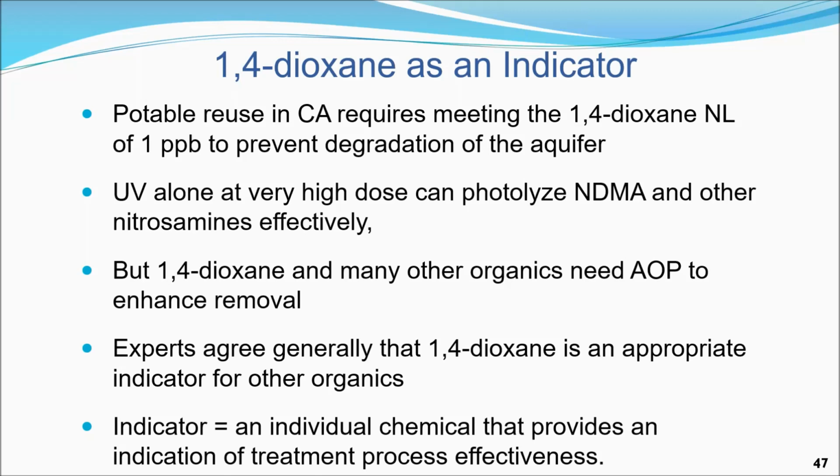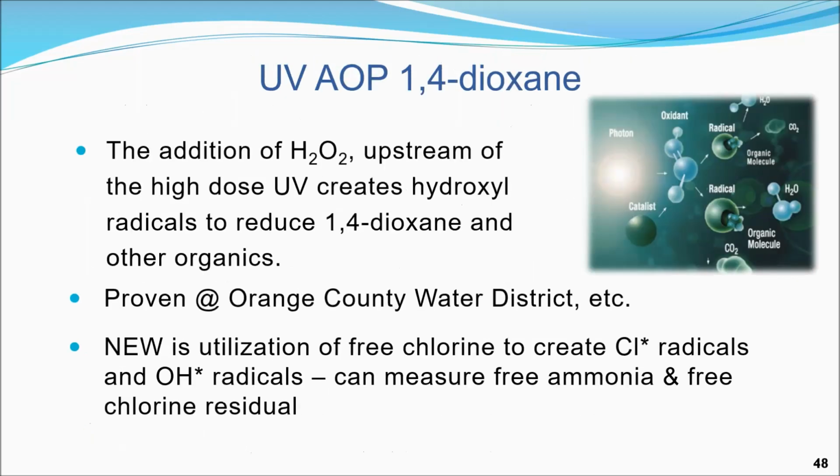So an indicator is a kind of sentinel chemical that if you're removing that, you think you're removing a lot of other chemicals like it. So the addition of peroxide creates hydroxyl radicals to reduce the 1,4-dioxane and other organics.